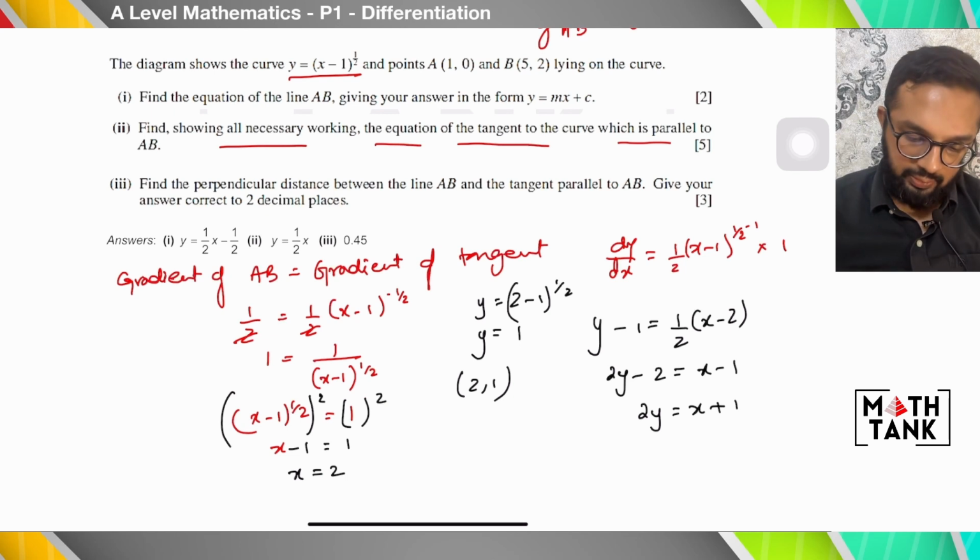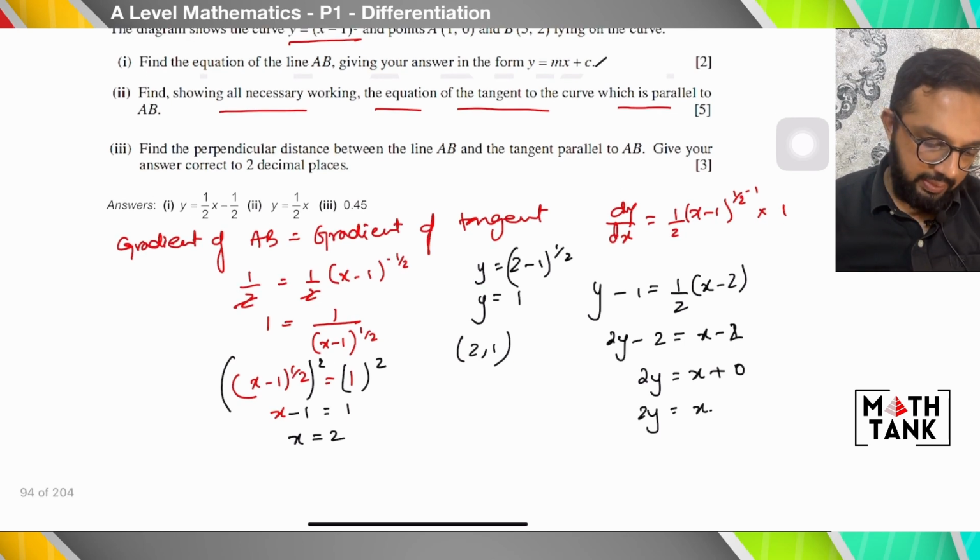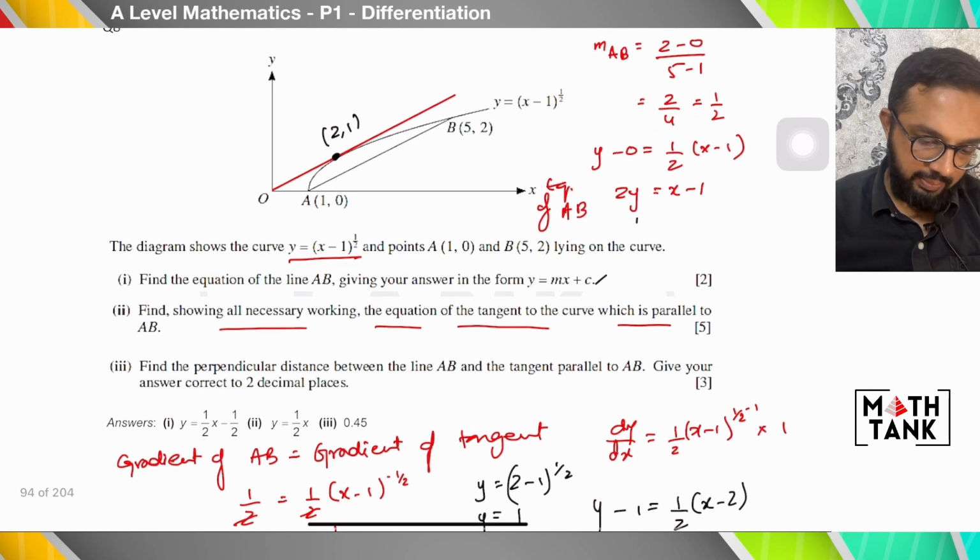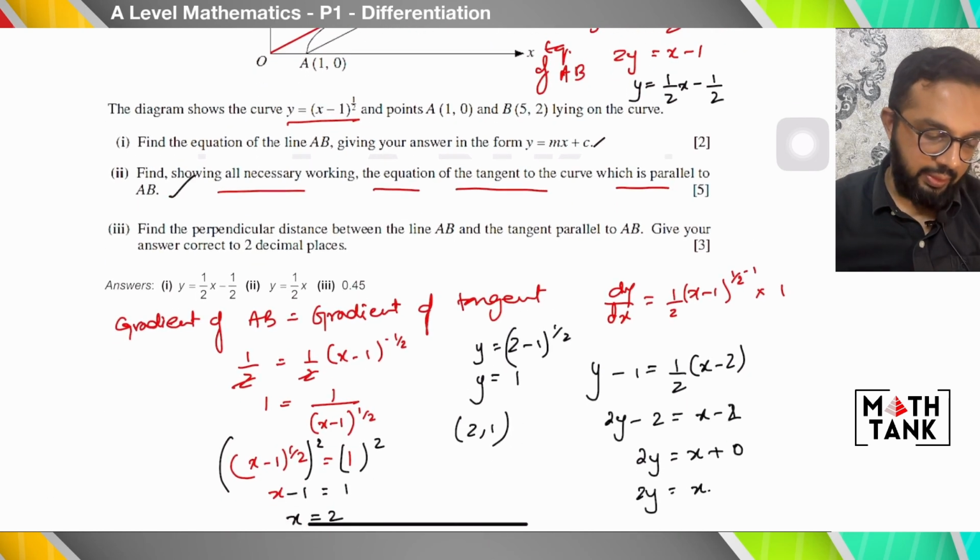Yeah, so that changes a lot of things. y is 0. So 2y equals x. Okay, I needed the first answer also in the form y equals mx plus c. I don't think I've done that. Let's do that because it's important to follow the requirements of the question.